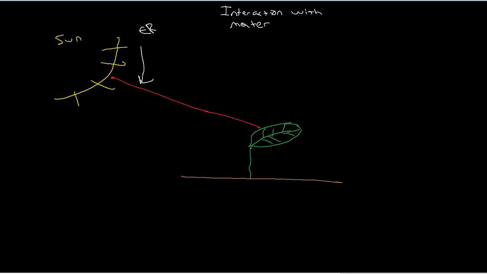Okay. Well, there are really four things that can happen, but we're going to talk about three of them. So there's three things that can happen. The first thing that can happen, when this energy comes through and hits the leaf, is it actually just goes straight through the leaf and moves on to hit the ground.